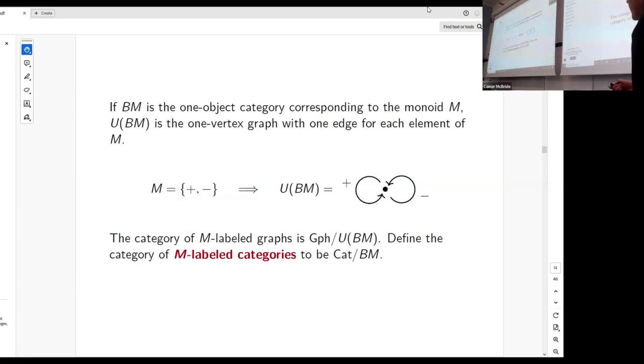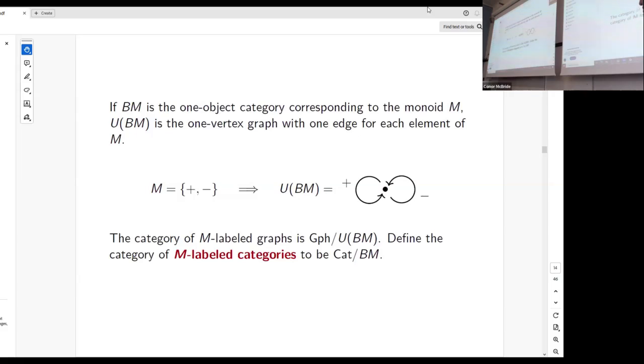It'll be a graph with one vertex, and then it'll have one edge for each element of your monoid. So for example, if our monoid was this plus minus that I was talking about, then the underlying graph of BM will just be this little graph here with one vertex and one edge for each element of your monoid.